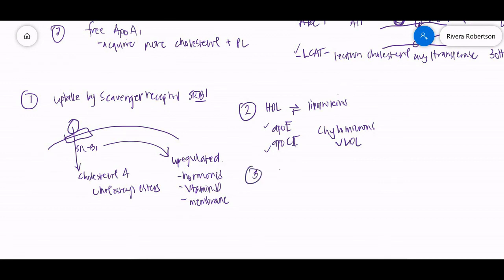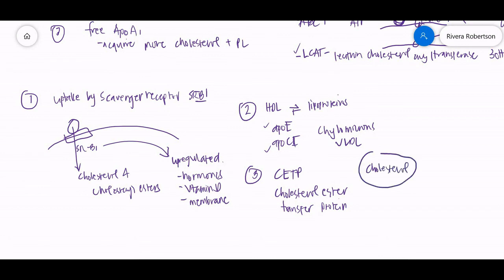Number 3, we have the CETP. Okay, so cholesterol ester transfer protein. Now, this one, CETP, is responsible for the transfer of cholesterol. Di ba? So, if this is your HDL, ayan.